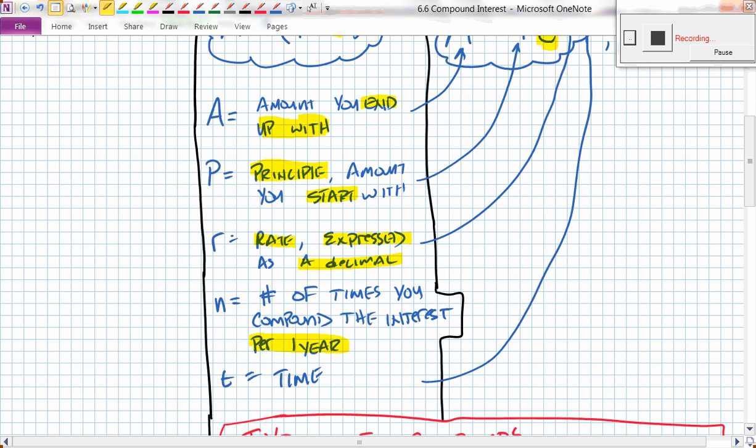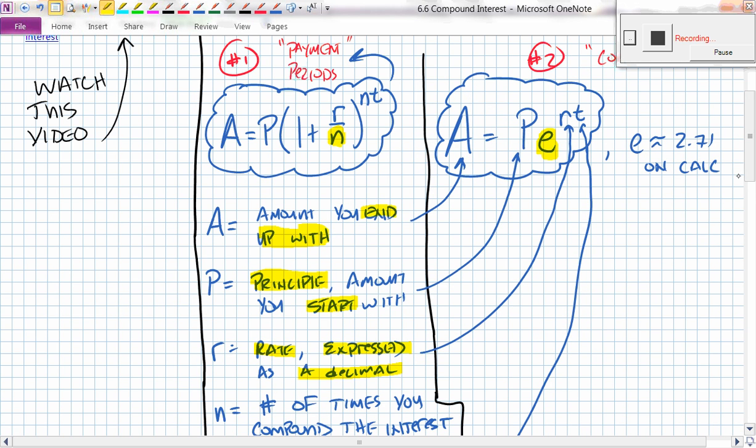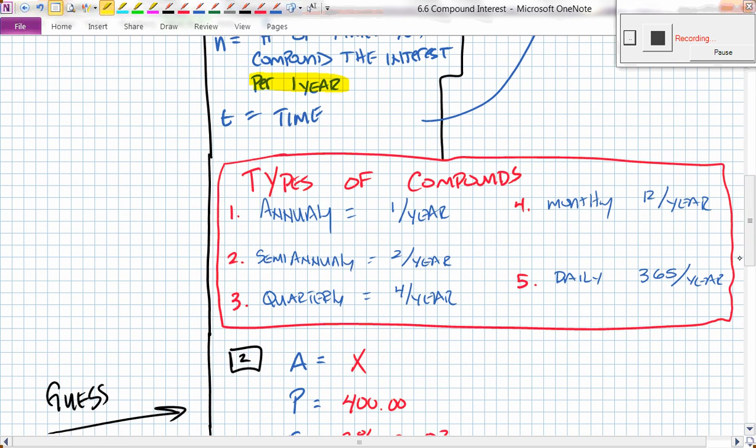So if it is daily, it's going to be 365, because that's how many days there are in a year. And T, of course, is time. All these work for both equations, but notice that n does not exist in the second equation because we have a special base of e.